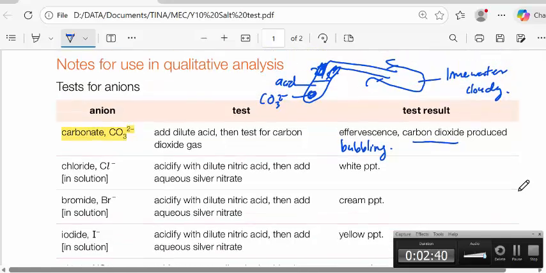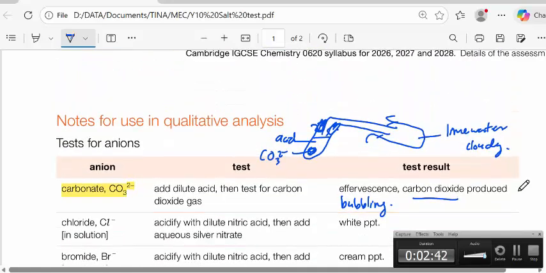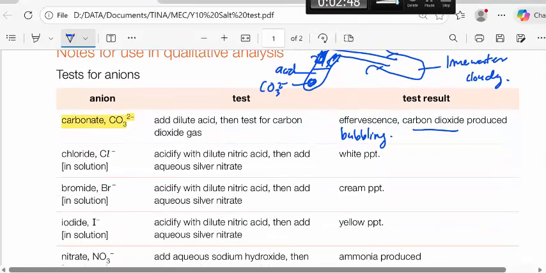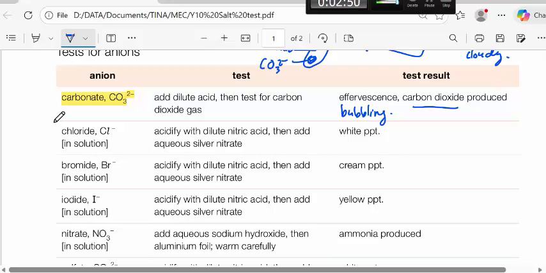Do you understand? Chloride, bromide, iodide are basically the same. You have a solution, and you don't know whether it's chloride, bromide, or iodide, because all the solutions look the same.